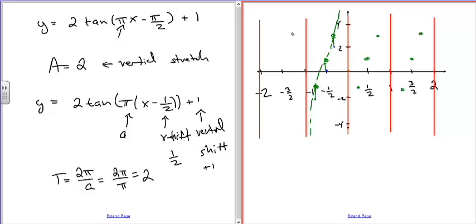Over here, you notice these are all aligned at the same y values. And then once we have those points in the vertical asymptotes, we can draw in these curves. That's it.